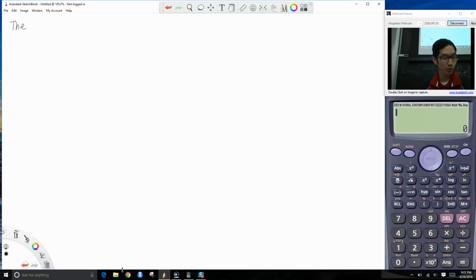The average weight for males is 490 pounds. Okay, so we'll say, and I'm making this up, I don't know if this is actually true, we'll say the weight of male Bengal tigers follow a normal distribution.